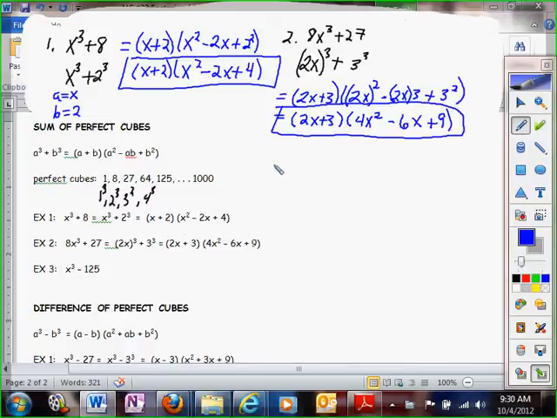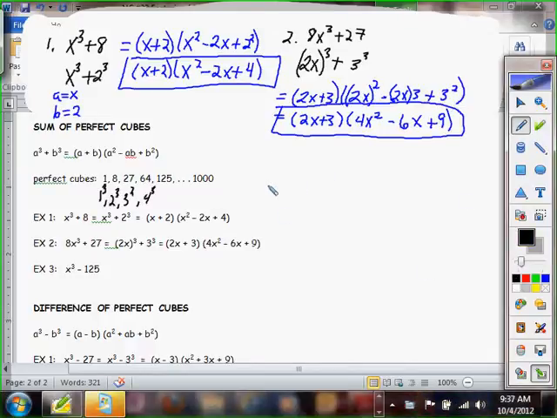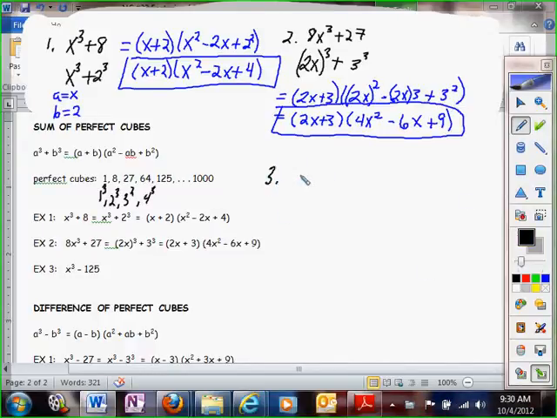And example 3, I have x to the third minus 125. I recognize that I have the difference of cubes because x is cubed, and 125 is 5 cubed because 5 times 5 times 5 is 125.